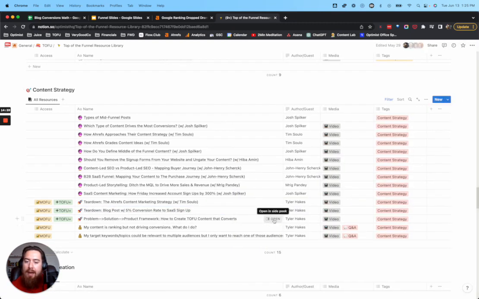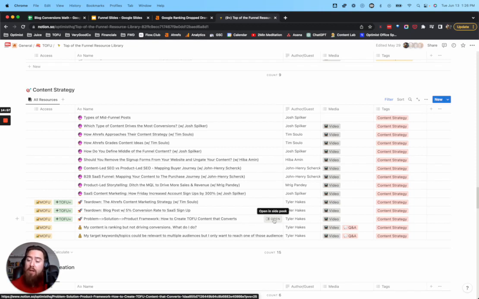So this is how we create top of the funnel content that meets the reader where they're at, which is, I understand I have this problem and I'm looking for potential solutions. And then walking them through the funnel so that hopefully at the end of that blog post, they're actually ready to convert.